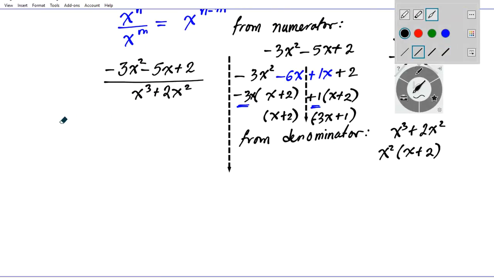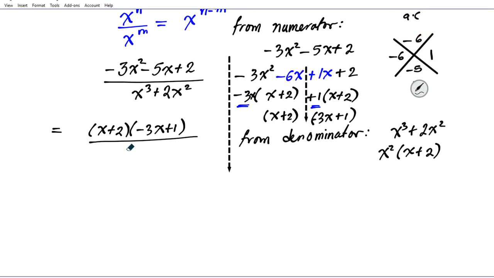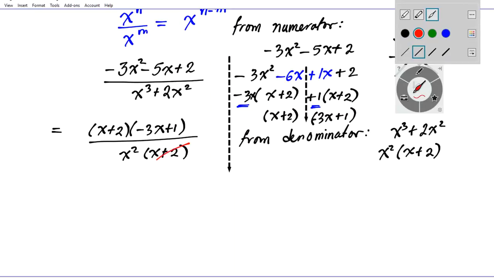So it's going to become x plus 2 times negative 3x plus 1, that divided by x squared times x plus 2. The x plus 2's are identical, so you just divide them out. And you end up with negative 3x plus 1 divided by x squared.